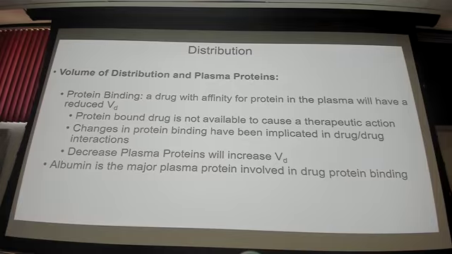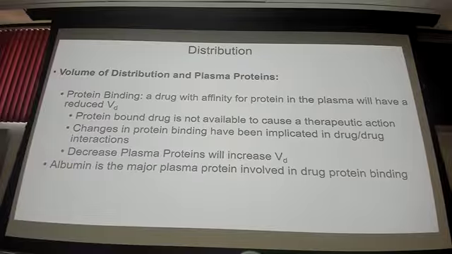So if you have less protein for the drug to bind to in the blood, that means that drug is going to be active. So you're going to have too much drug active in the system, and then that could cause toxic effects on the patient.